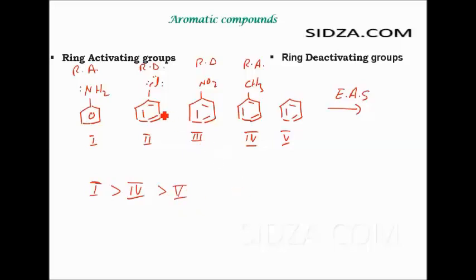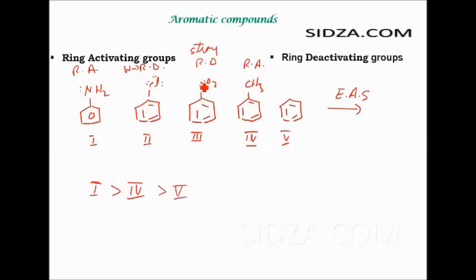Now we have two ring deactivators here, chlorobenzene and nitrobenzene. Okay, how do you differentiate? Both are ring deactivators actually. This is a strong ring deactivator. Its effect is much stronger than the chlorine, right? The chlorine also deactivates the ring, but not so strongly. It's a weakly ring deactivating group. But nitro group is a very strong ring deactivator.